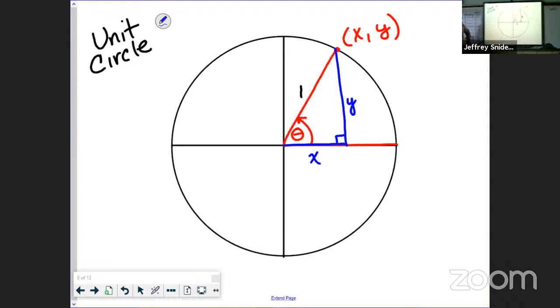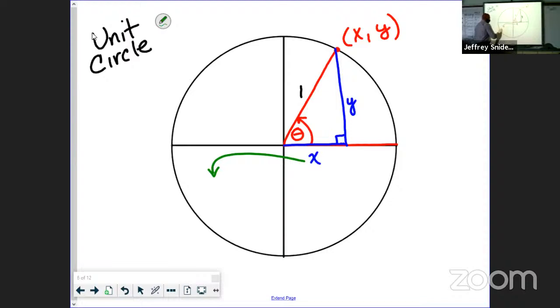Now, think about what we just did before break. How would I find x? How would I find y? Well, if I want to find x, where is it compared to theta, the angle? Adjacent. I've given you the hypotenuse.